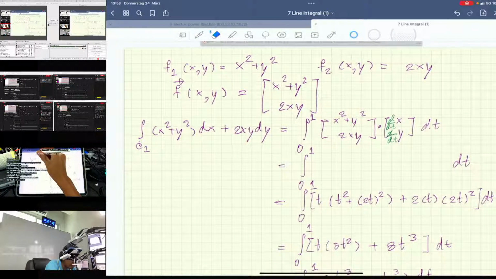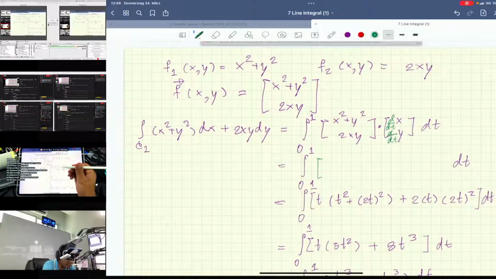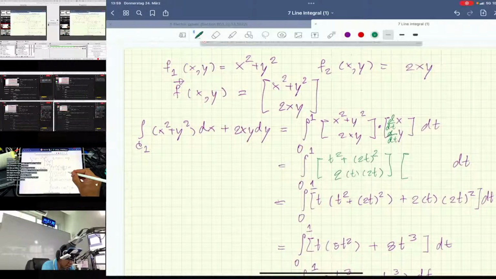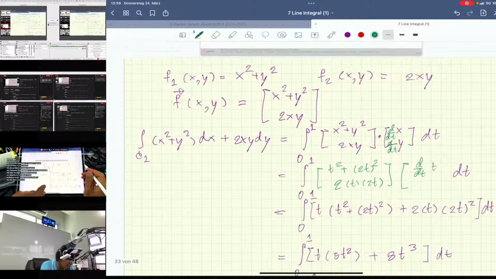So you have here, once you substitute, it's going to be t squared plus 2t squared, and x is t, y is 2t. Okay, and this one is d by dt of xt, which is t, right?